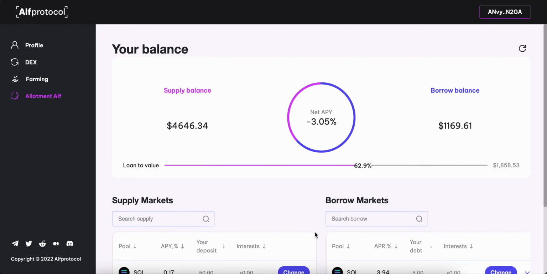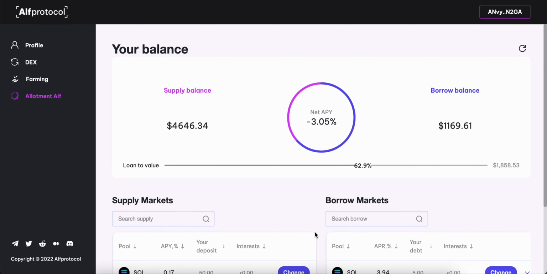So in reality, we're losing 3% a year on the current conditions, because our interest rates on the borrowed capital are higher than our deposit interest rates that we are earning.